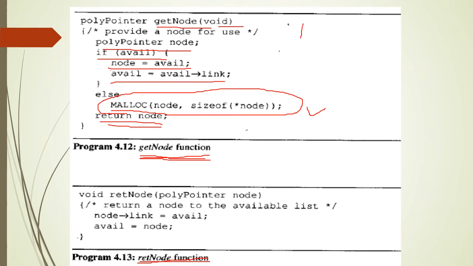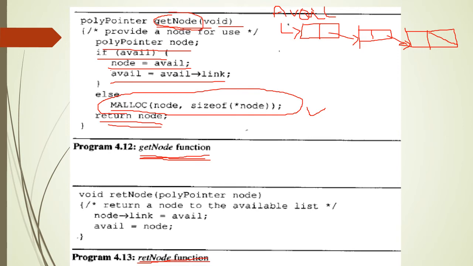Assume that you already have these free nodes in the heap. These nodes are readily available, and if your program requires a node, your program will call the getNode function.